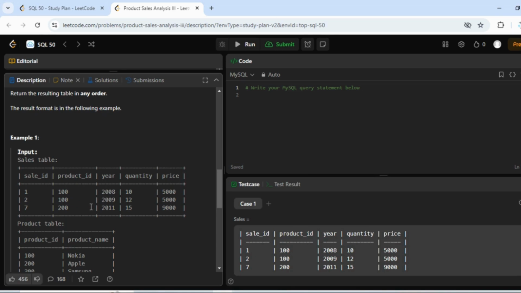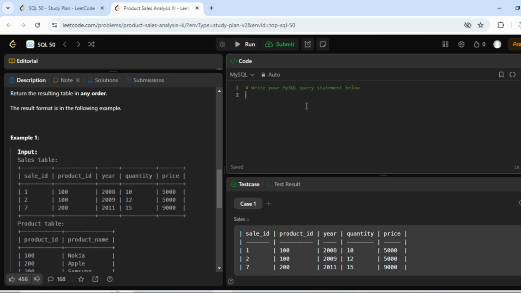For product IDs having more than one row, the minimum year value will be considered. Here product ID is 100, meaning the number of products sold is greater than 1, and I will take the minimum value, that is 2008. So on this logic we are going to build the code.